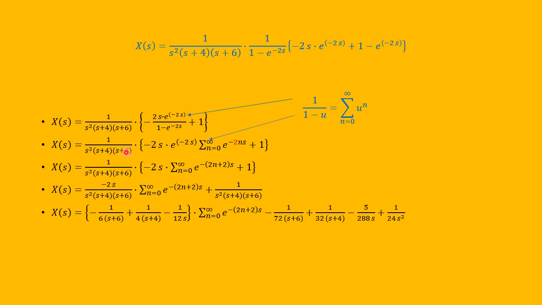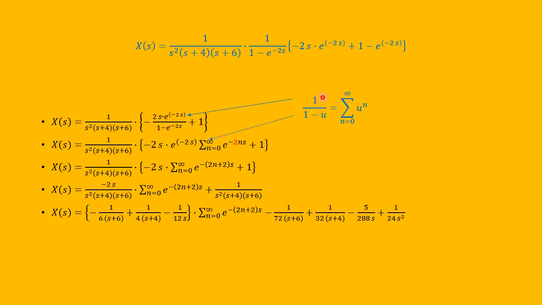Let's look at what we can do going from this step down to the next one. First of all, this fraction and this fraction are equal. And so what happened to this factor here? Well, we have the minus 2s and the e to the minus 2s right here. And we also have 1 over 1 minus e to the minus 2s.